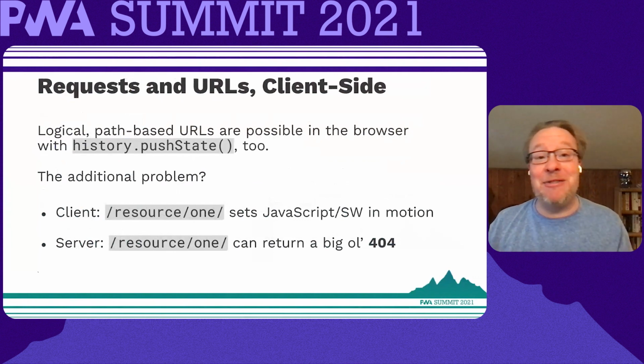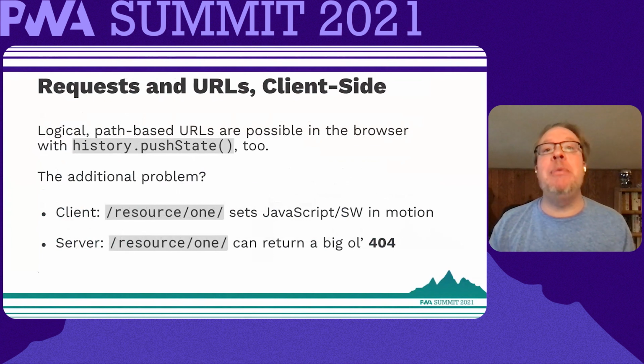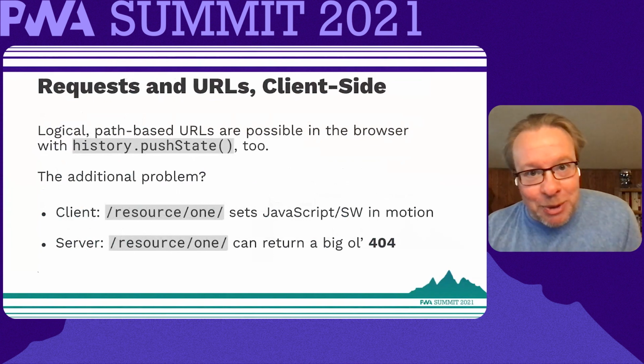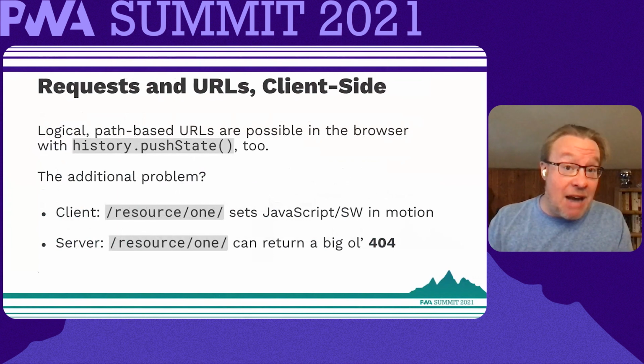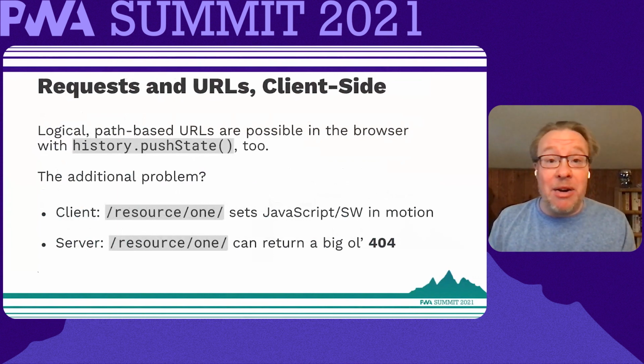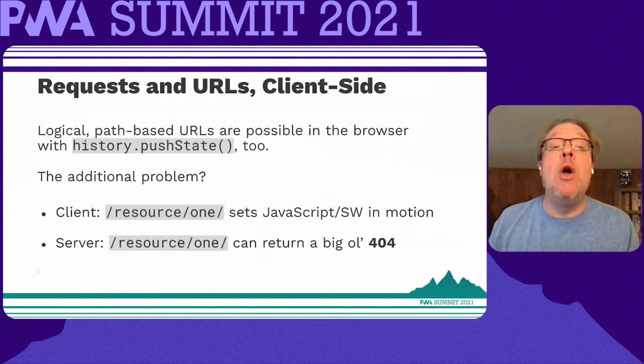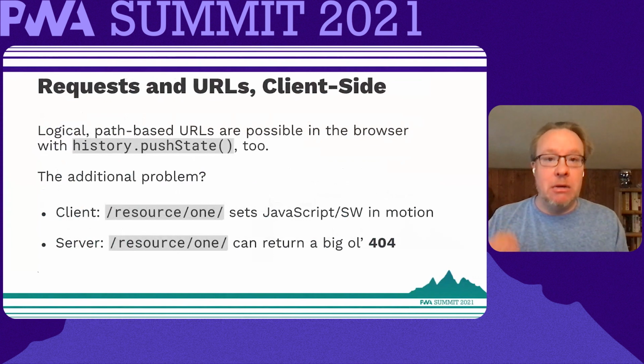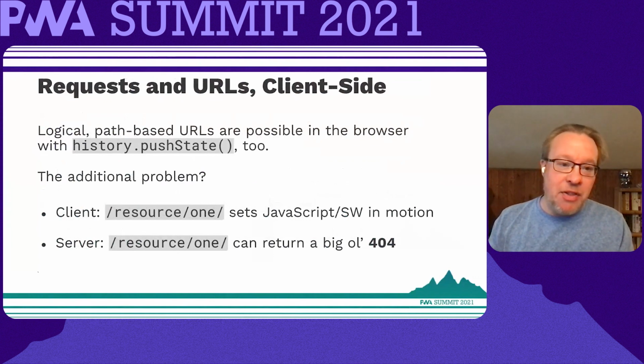So if you haven't done that or you need a refresher, go back and look at that, but also check out all of the browsers that really support the history API and particularly pushState. As cool as pushState is, because it allows us to sort of have our cake and eat it too, we can rewrite our URL in the browser, we can add it to the history, but importantly, we're not triggering a fresh request. So we can, again, use these logical URLs on the client.